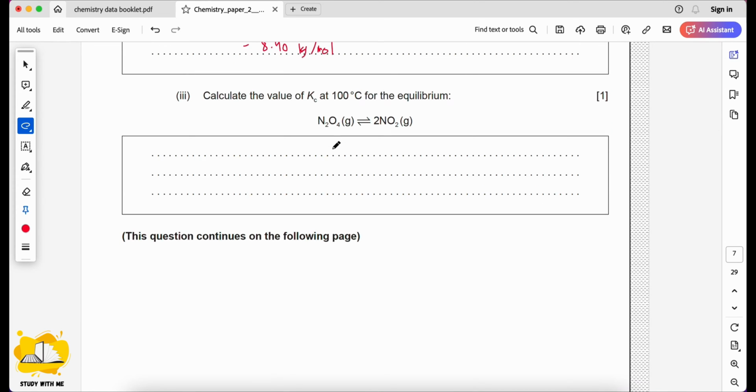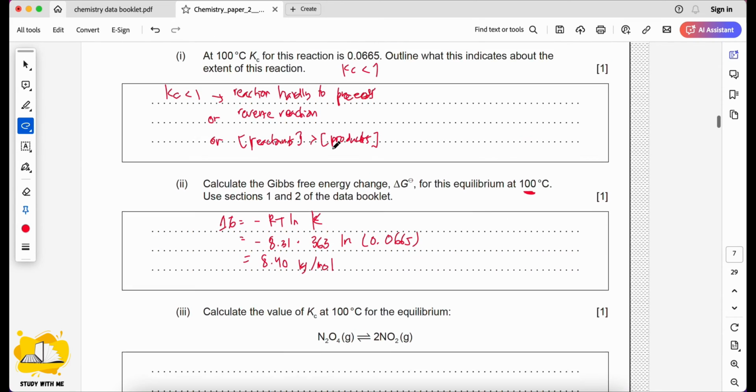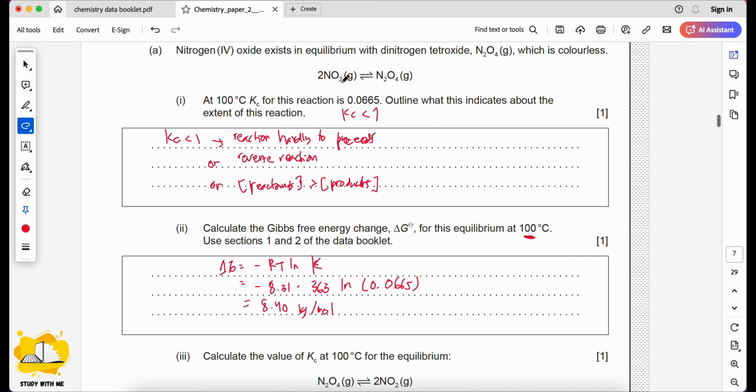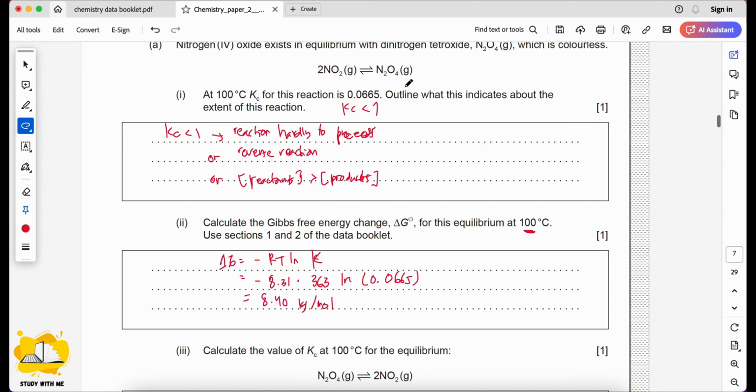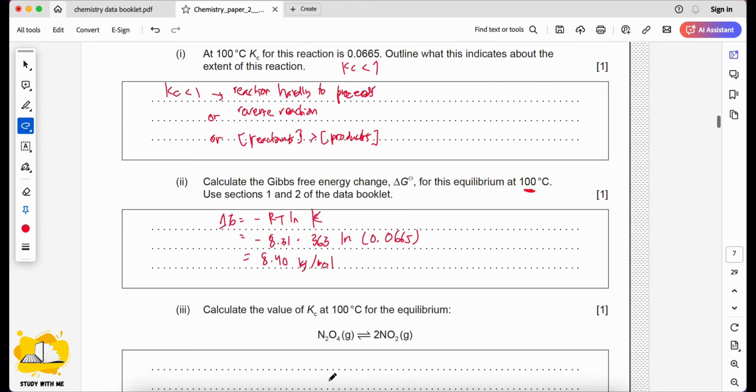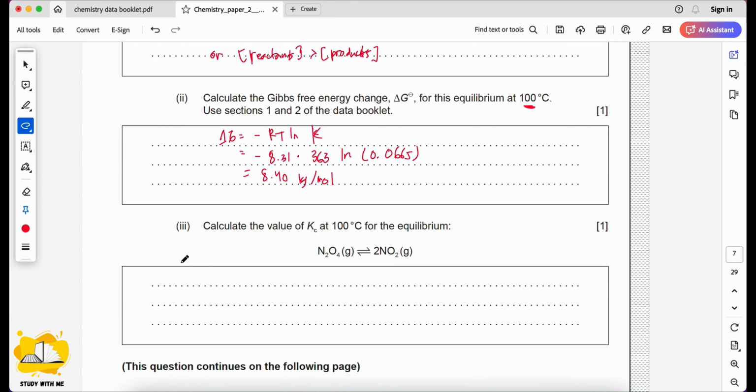Calculate the value of Kc at 100 degrees Celsius for the equilibrium. If you compare with the first equation, it is actually reversed. So N2O4 now becomes the reactant. So Kc will be Kc to the power negative 1. So 1 over 0.0665, that would be 15.